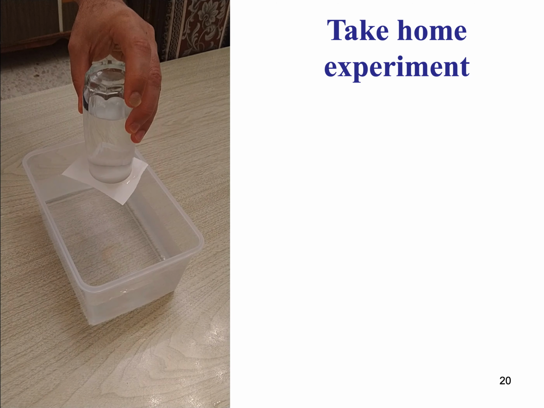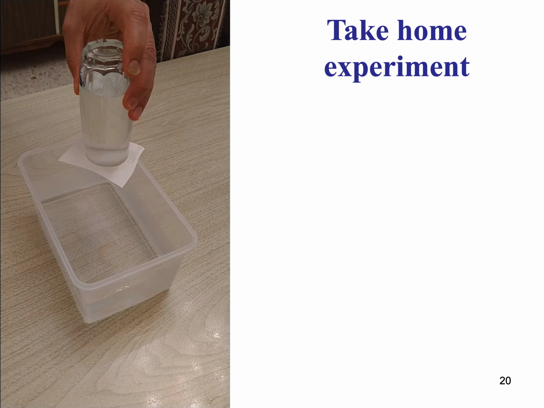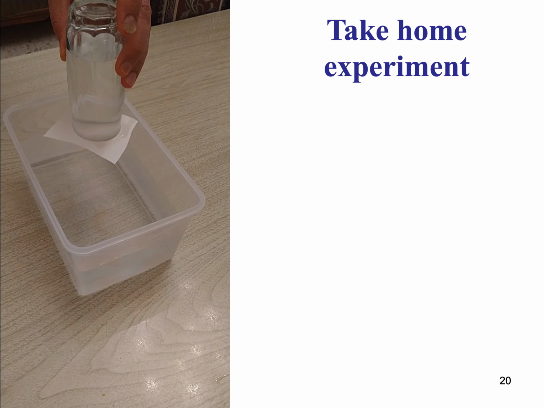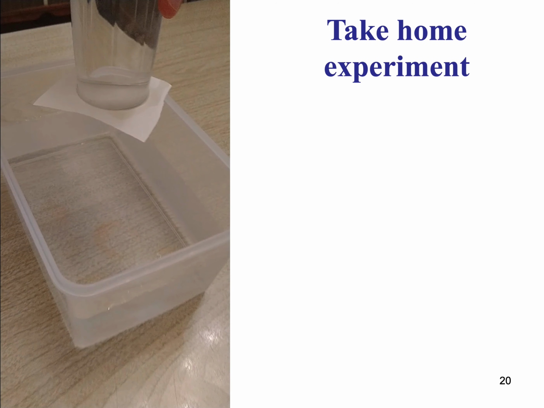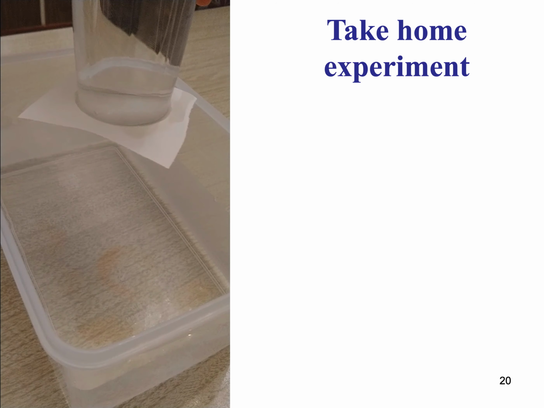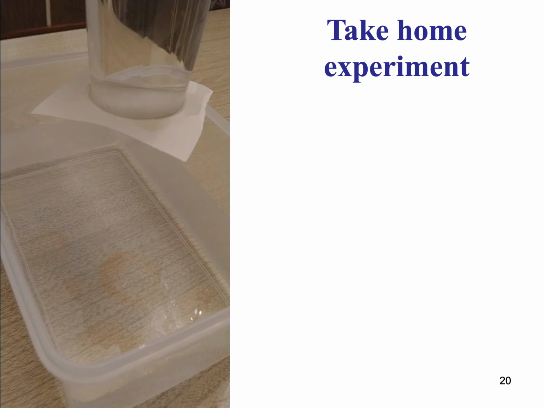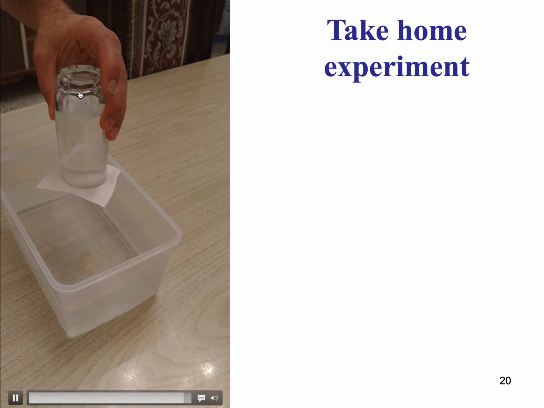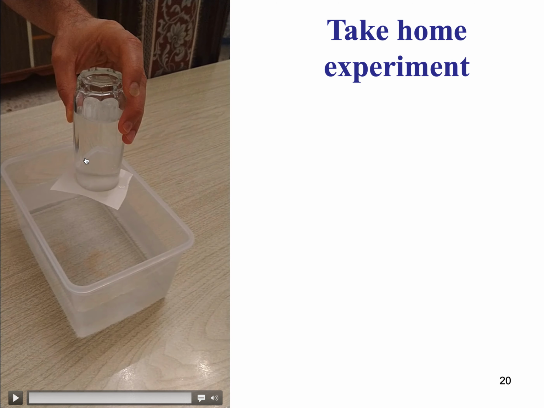So you see the piece of paper, once you take your hand out, actually carries the weight of the water. What the piece of paper does is just separate the two systems: the atmospheric air, and the liquid in the glass as well as the gas pocket at the top. So the gas pocket at the top actually has a negative pressure. The atmospheric pressure is acting from the bottom, and the difference between the atmospheric pressure and the negative gas pressure is what accounts for the pressure of this column of water right here.